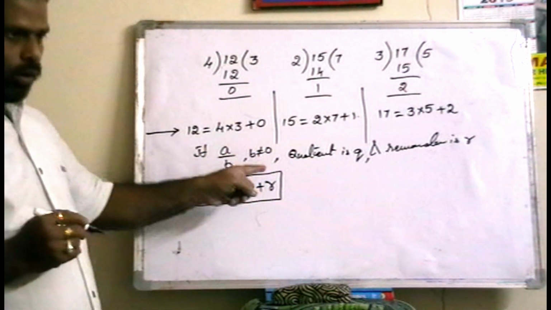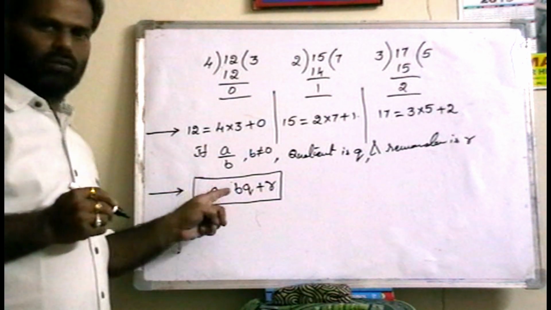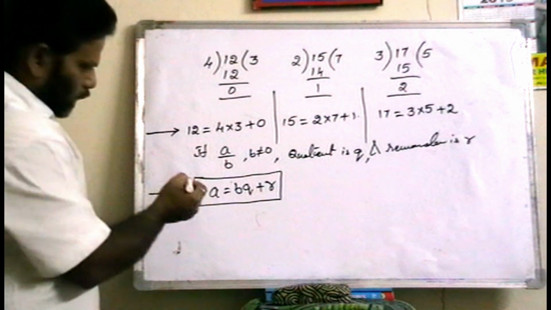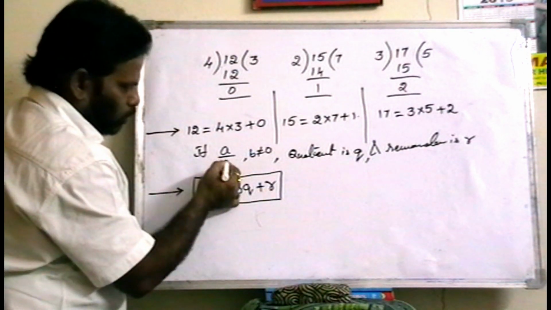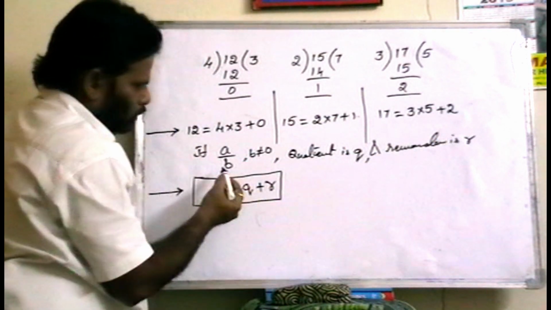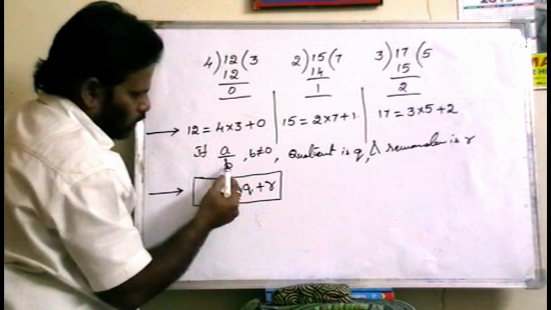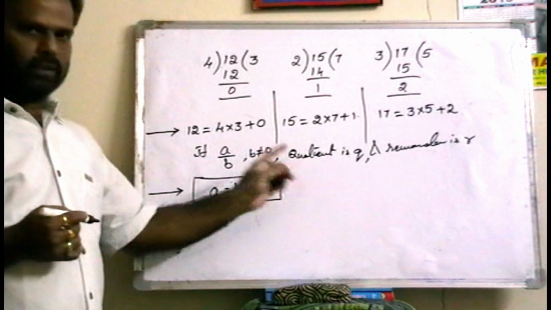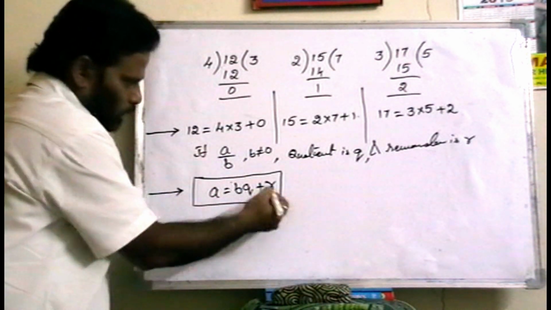Euclid's division algorithm is dividend equals divisor into quotient plus remainder: A is divided by B, B is the divisor, quotient is Q, remainder is R, so A is equal to B Q plus R.